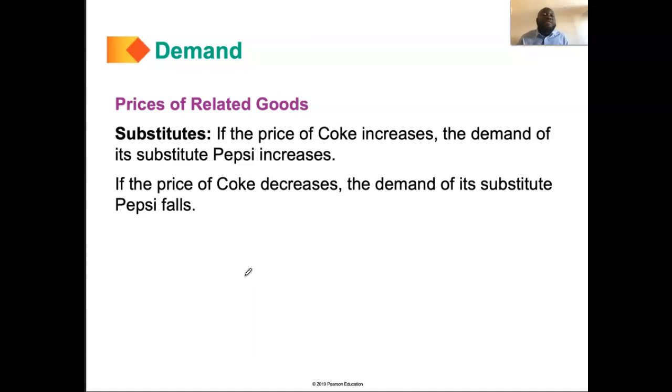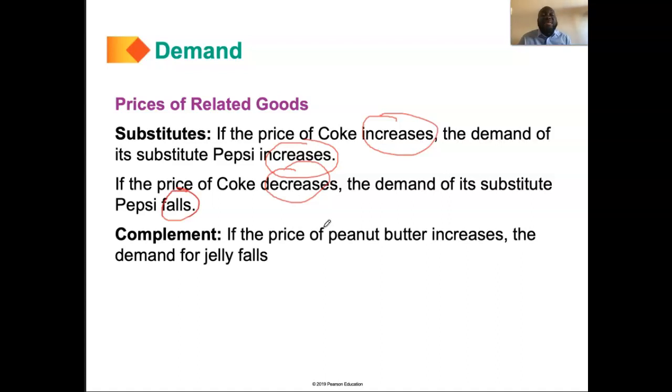And conversely, if the price of Coke decreases, the demand of a substitute falls as well, okay? So for substitutes, basically, they move in the same direction, right? If the price of the good decreases, the demand of a substitute decreases as well, okay? If the price of Coke decreases, Coke becomes relatively cheaper compared to Pepsi, and more people buy Coke, okay? And then we have the complement.